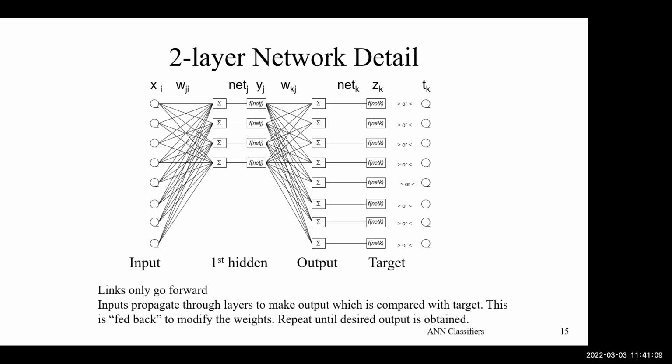But without that nonlinearity, it's going to have to be linearly separable in order for the initial method to work. Adding that activation function f brings it from a linear decision boundary to a nonlinear decision boundary. And now we can do more.